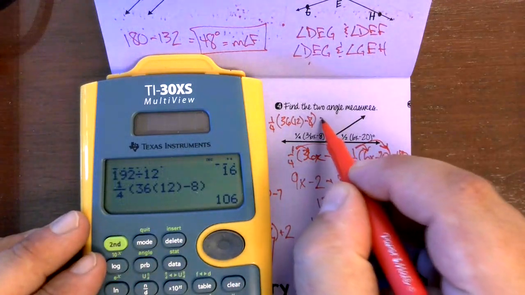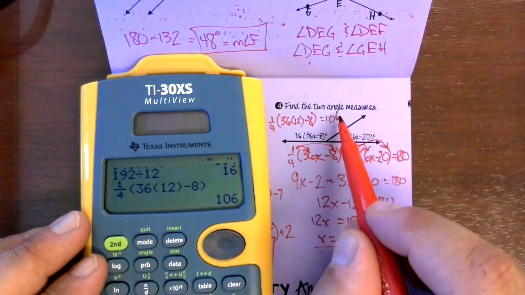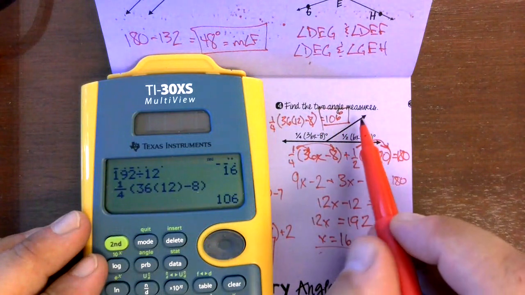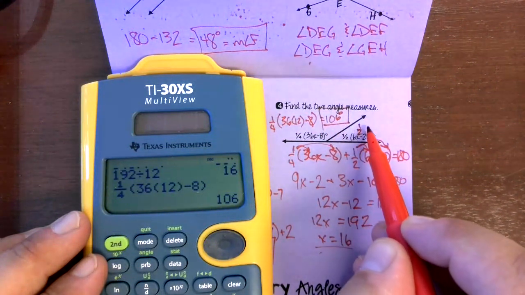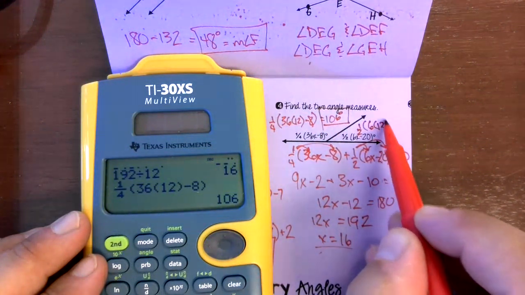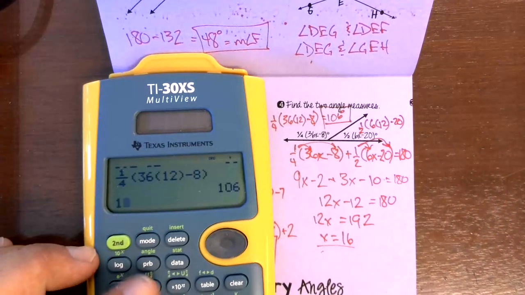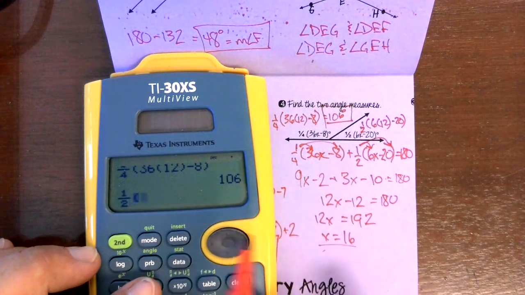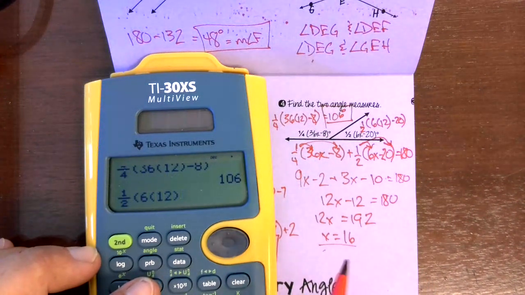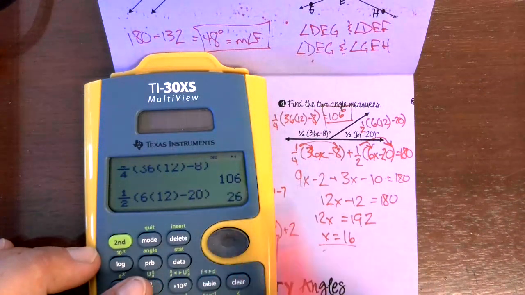Let that go, and I get 106. And then up here, 1/2 times 6 times 12 minus 20. Plug that in.